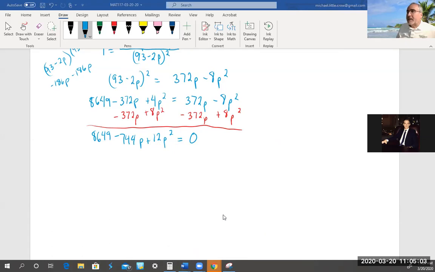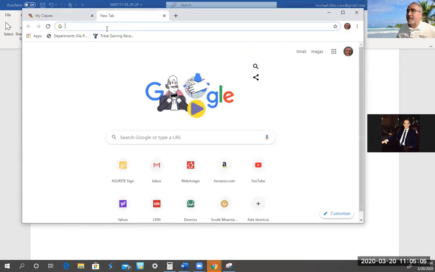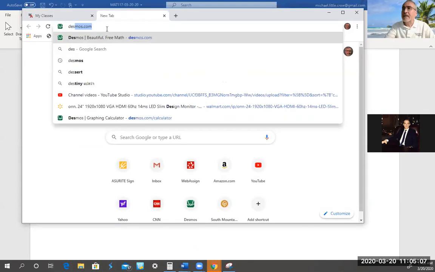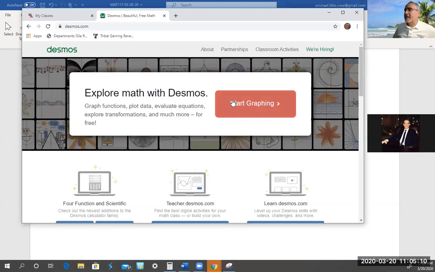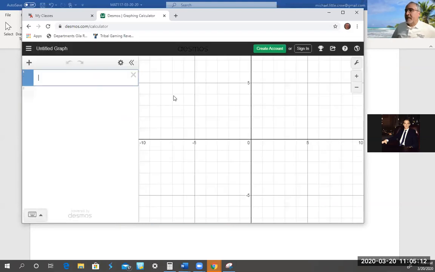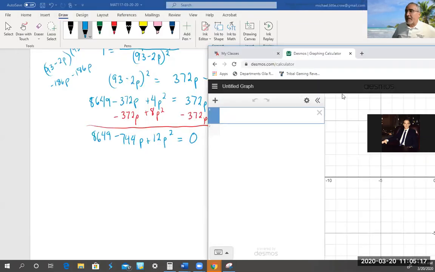So let's go here. Let me get a new tab. Desmos.com. And what I'm going to do is put the equation in here. 8649 minus 744p plus 12p, sorry, 12, actually, let's call that x.